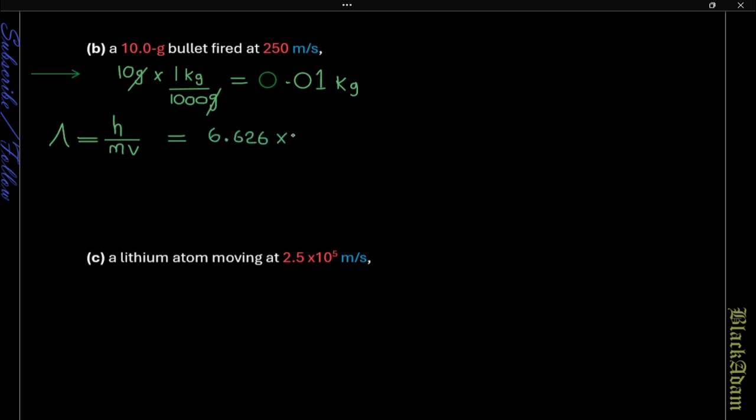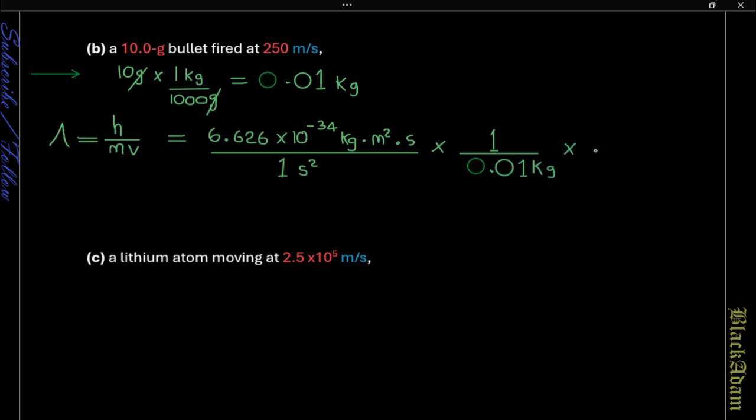That's 6.626 multiplied by 10 to the power negative 34 kg meter squared over second, all over second squared, for Planck's constant, and then multiplied by 1 over the mass of 0.01 kg, and then multiplied by the inverse of the velocity, which is 1 second over 250 meters. The seconds cancel out, the kg cancels out also, and meter into meter squared goes to meter.